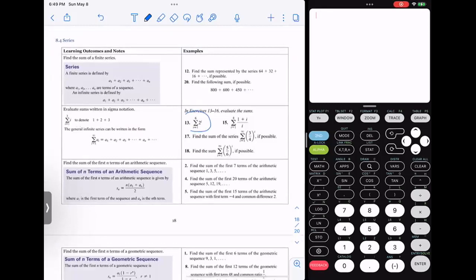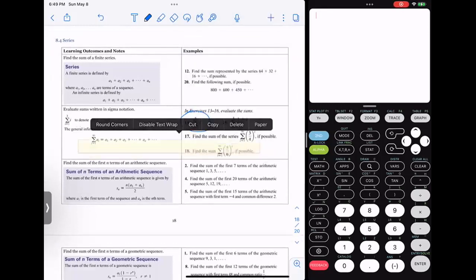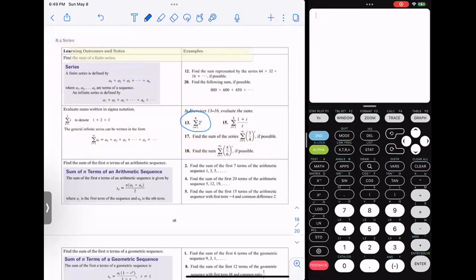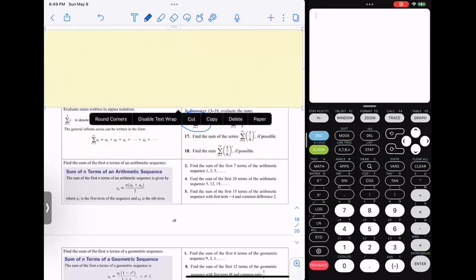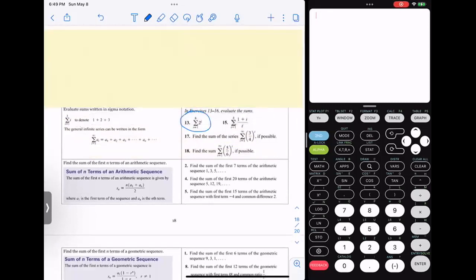Number 13. All right. We have the summation from i equals 1 to 6 there. So what's really happening is we're just adding 2 to the i, because we start at 1.